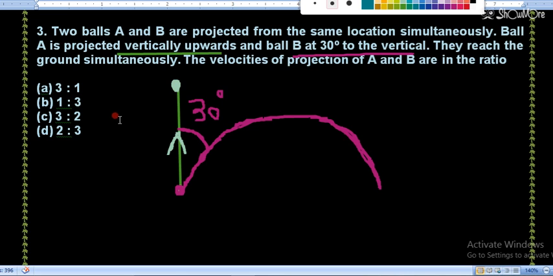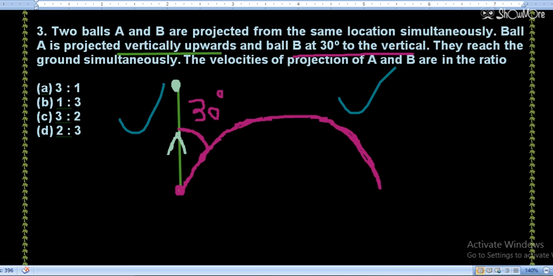Obviously the time of flight of body A will be the same as the time of flight of body B. If the time of flight is the same for both bodies, then we have to find the velocities of A and B. So now we have to find the time of flight, because when we find the time of flight, then we can find the answer also. So let's discuss the time of flight.